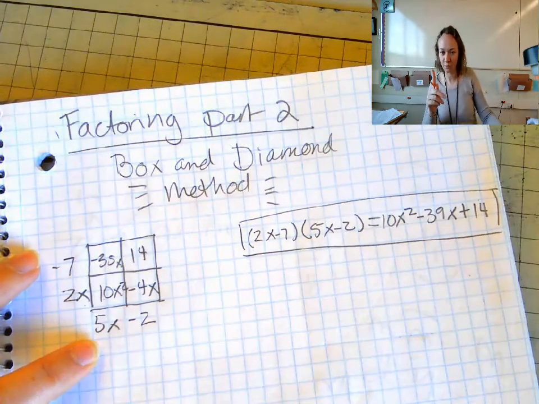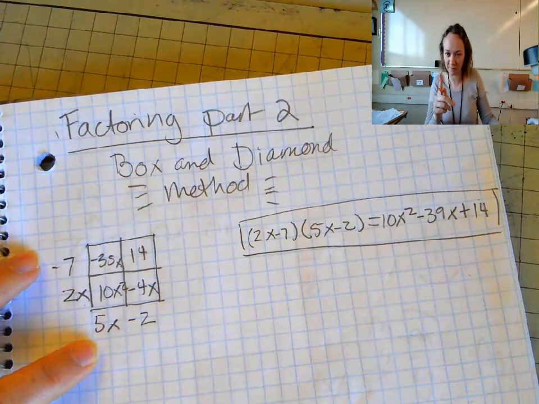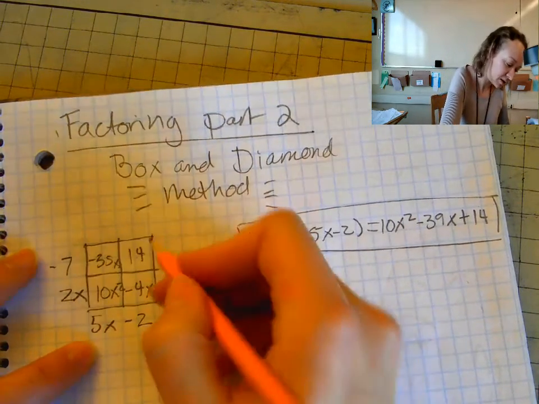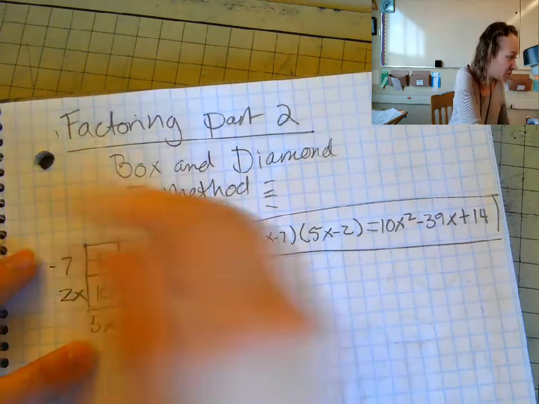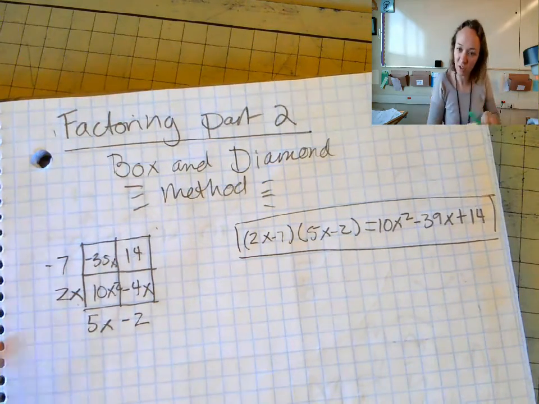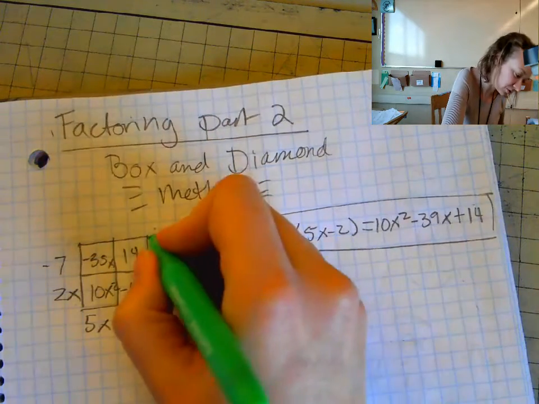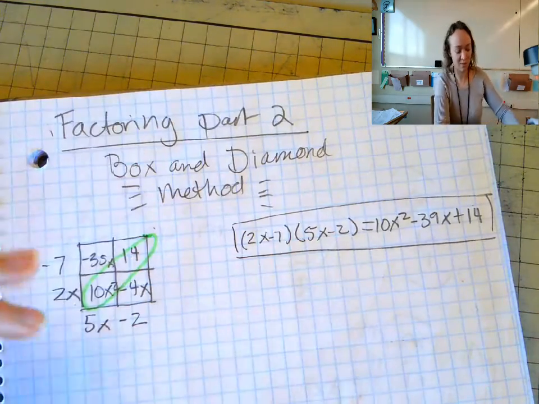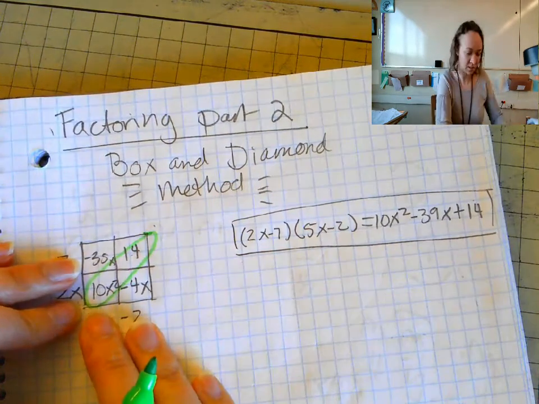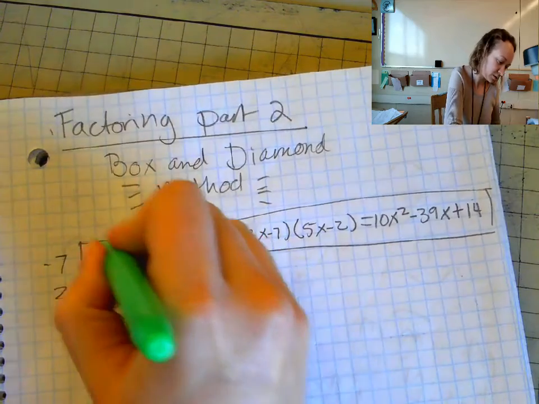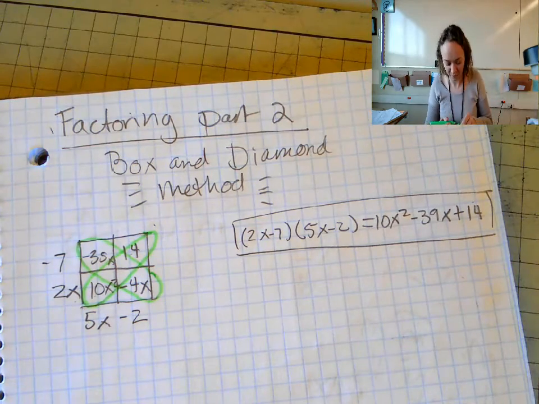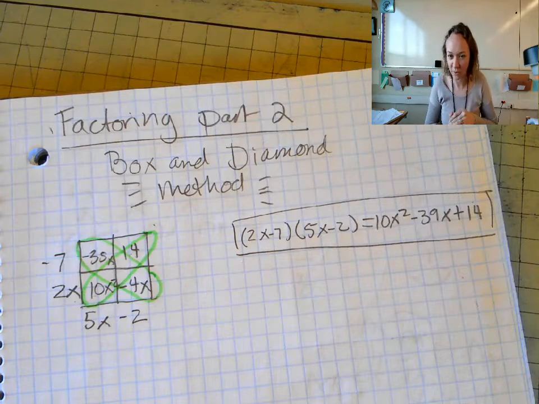Now, we have a new pattern to look at today. If you take the diagonals of one of these generic rectangles, so we're not using the outside pieces, we're just using the inside pieces, and we multiply them together, there is a pattern.